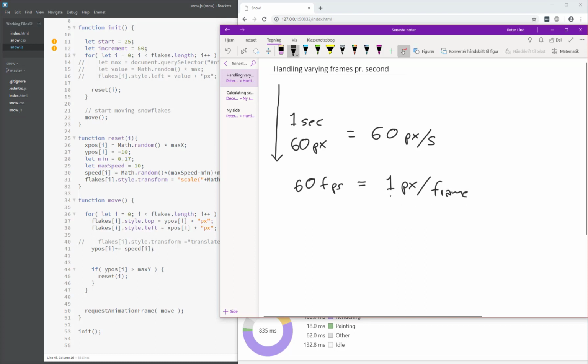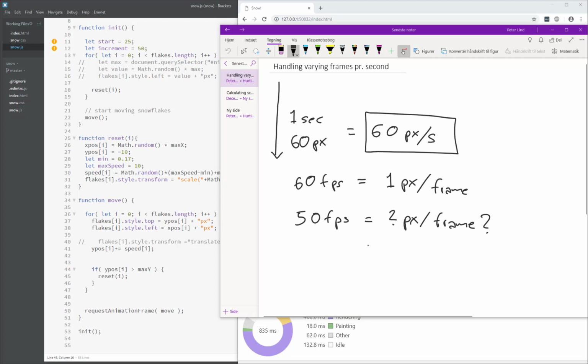So this would be pretty easy if I ran exactly 60 FPS and my speed would be 1, then I would add 1 for every single frame. But what if I run at 50 FPS? How many pixels per frame would I have to move in order to still move at 60 pixels per second? That's the challenge.